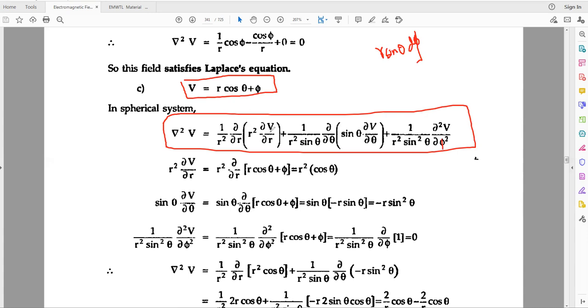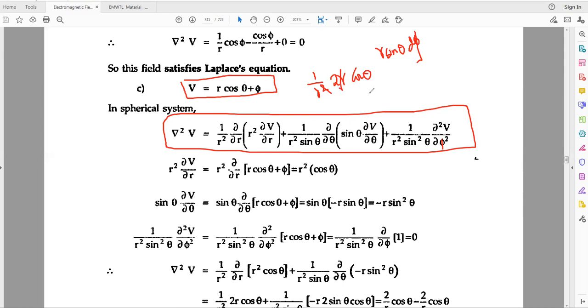First of all, ∂V/∂r means cosθ. You get cosθ here, times r squared, so r² cosθ. Again you can apply ∂/∂r; cosθ is a constant with respect to r, so we get 1/r² times 2r cosθ as the first term.